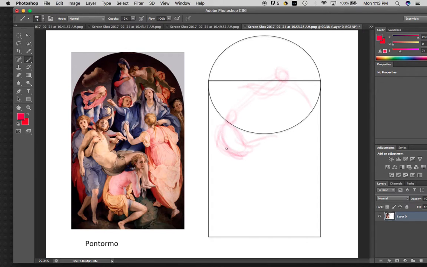And his body is limp. It's like noodles as he's being discharged from the torture of the cross down in this direction. And so Pontormo gives us that limp figure, but notice how he puts Christ lower than that of the living, of what we're assuming is the Virgin Mary suffering with the death of her child, her son.